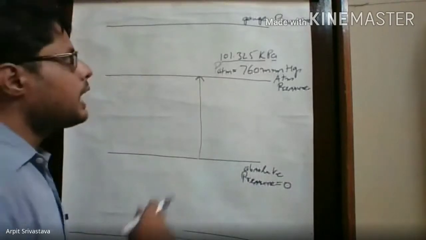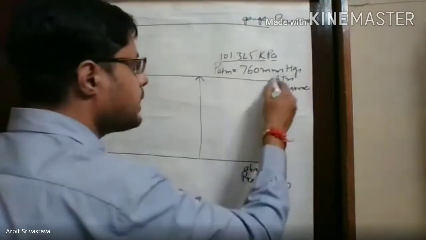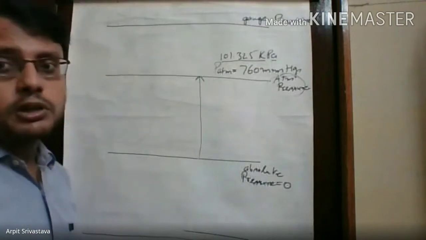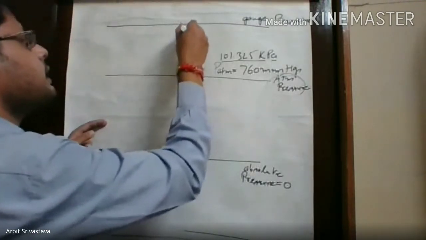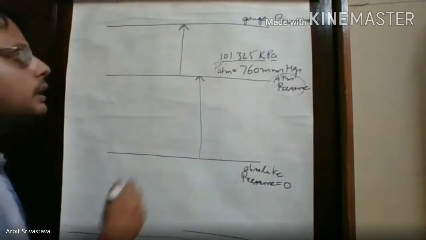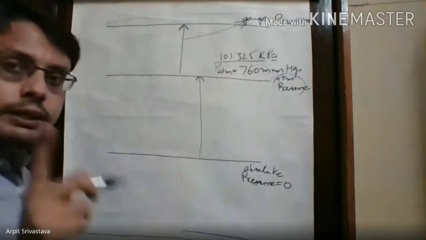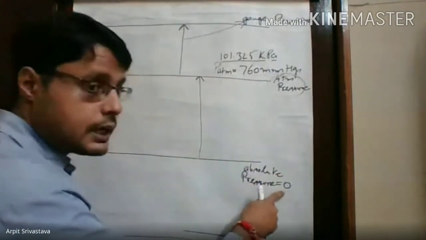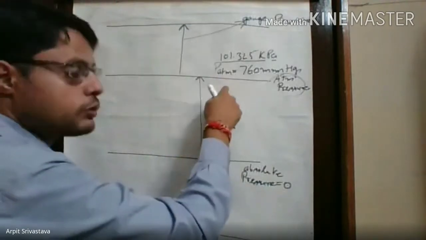And if we consider atmospheric pressure as a reference pressure, then this value is representing gauge pressure. If we take the absolute pressure 0 line as a reference line, then this difference is known as atmospheric pressure.